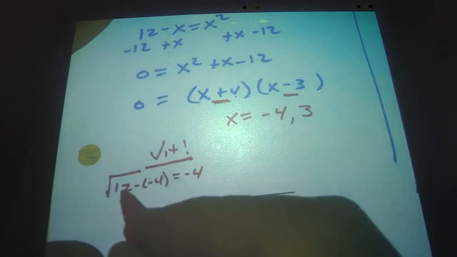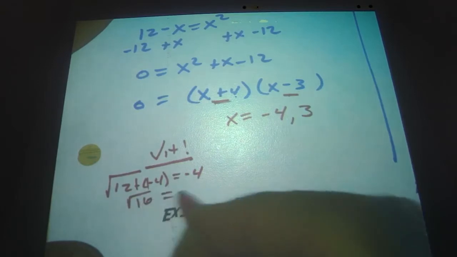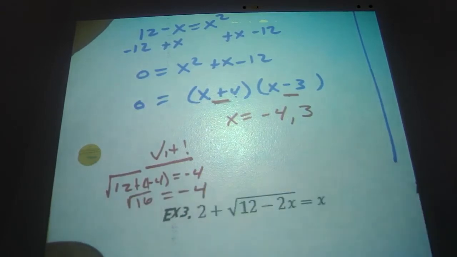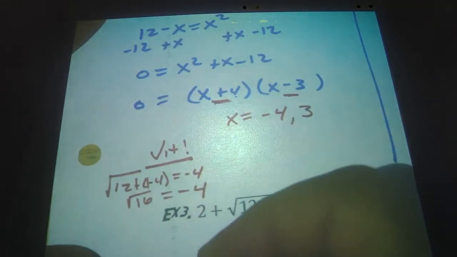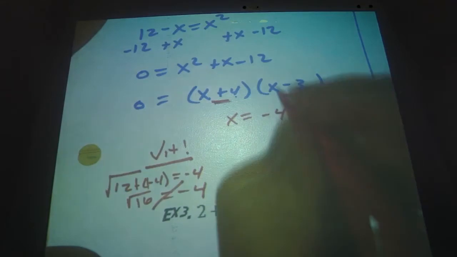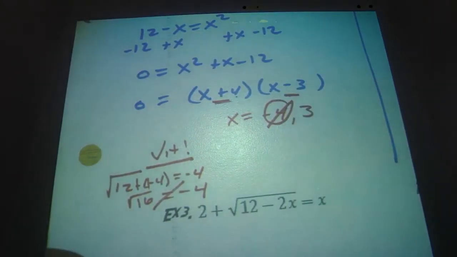Well, 12 minus negative 4 is 12 plus 4. That's the square root of 16. What's the square root of 16? Positive 4, right? Well, this says the square root of 16 is equal to negative 4. That is not the answer. This guy is not one of my solutions.